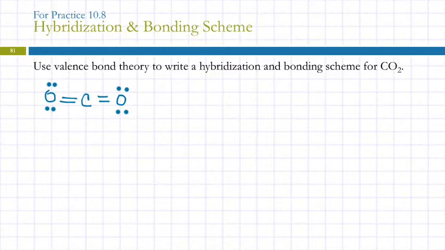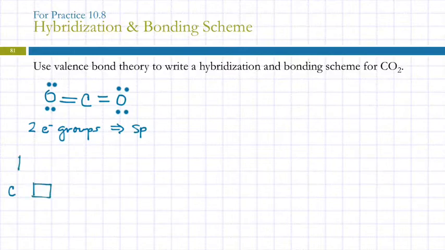How many electron groups on the carbon atom? 2. Very good. 2 electron groups. So we get out our fingers. 1, 2, sp hybridization. So this is sp hybrid orbitals. So for carbon, the unhybridized orbital diagram looks like that.